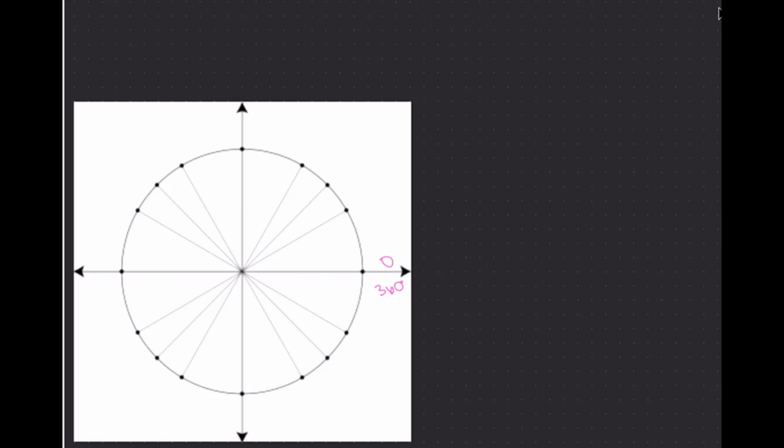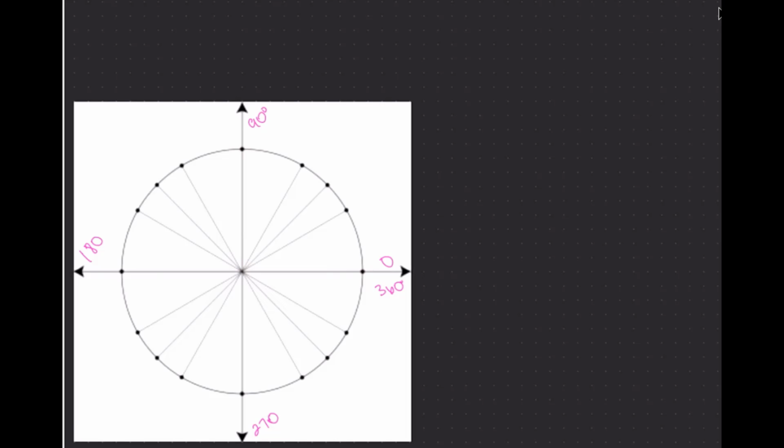Up here, we would make a 90-degree angle, so up here on the top would be our 90 degrees. All the way to the left would be how many degrees? 180, yep. And going down would be 270. And we worked on those the other day.